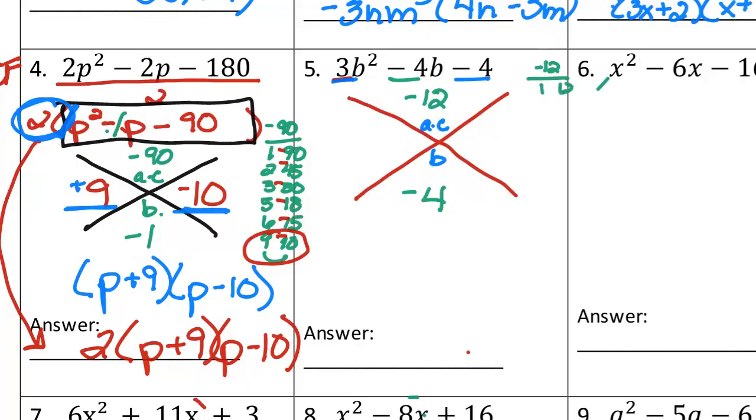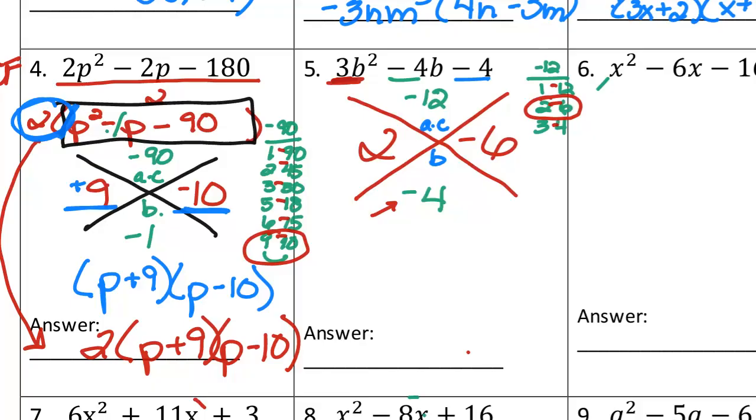So I got 1 and 12, 2 and 6, 3 and 4. Since this is negative, 2 and negative 6. 2 and negative 6. I cannot just put x plus 2 and x minus 6 because a is not equal to 1. I have to figure out something else.